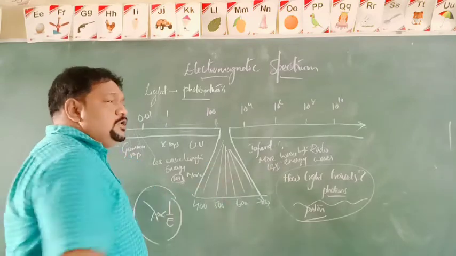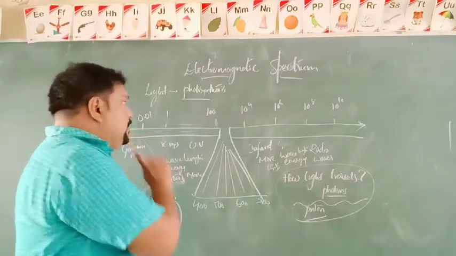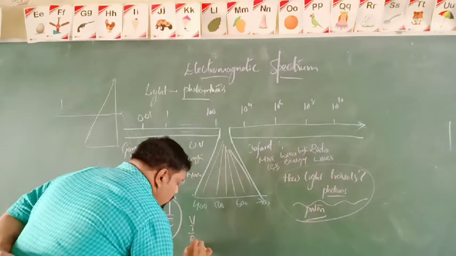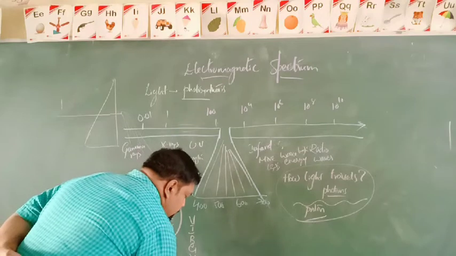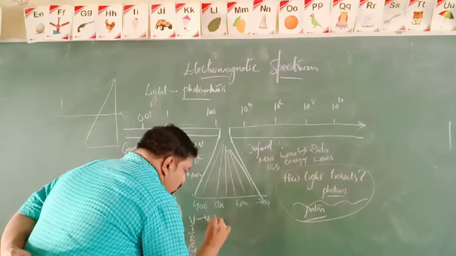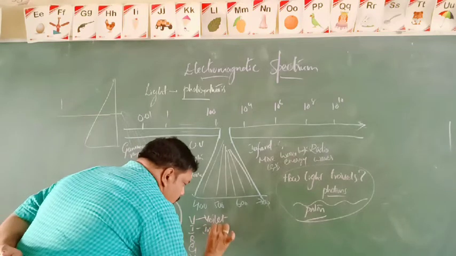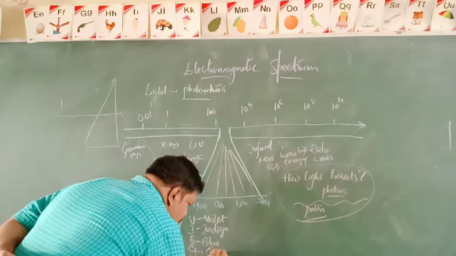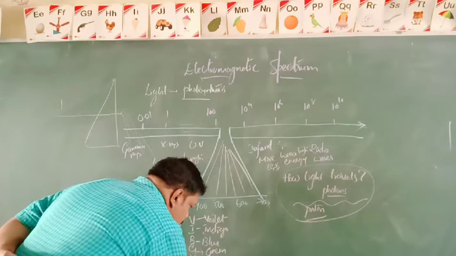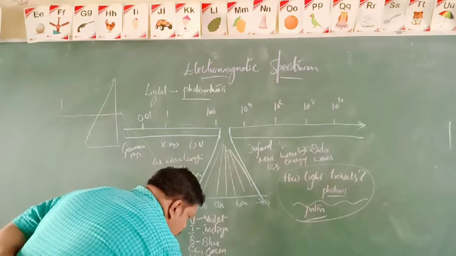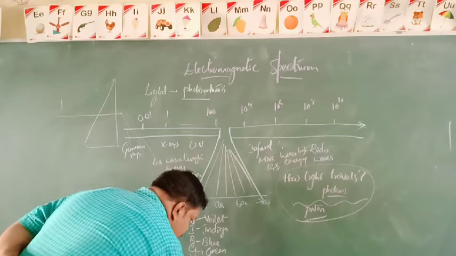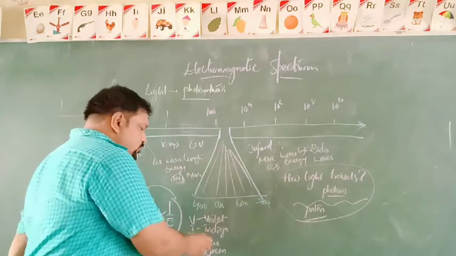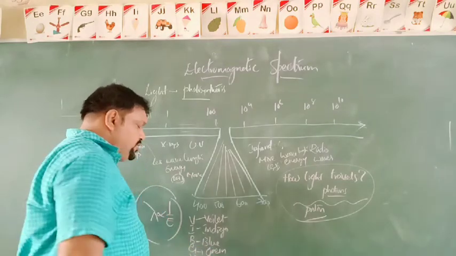In these 7 colors you can find VIBGYOR. VIBGYOR stands for violet, indigo, blue, green, yellow, orange and red.